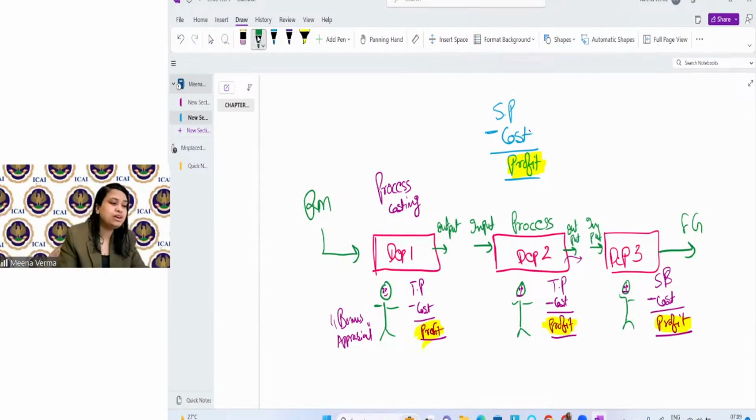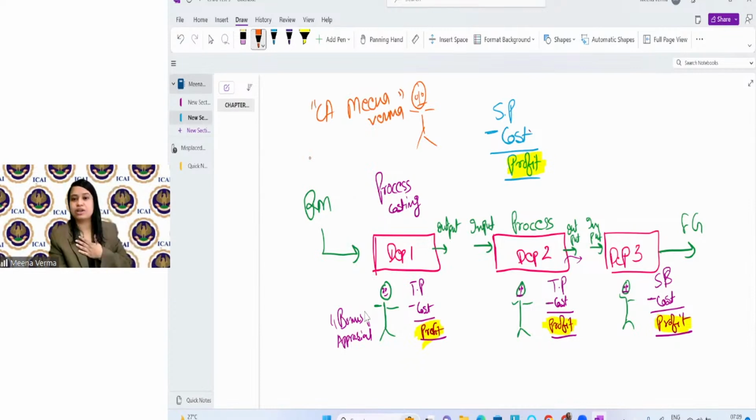For example, Meena Verma is the owner of an organization. This is CA Meena Verma. Now the point is that this is my organization. In my organization, there are different managers who are working, for example, Akash, Vikas, and Vilas.